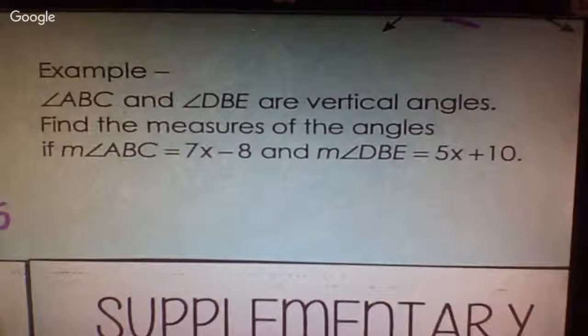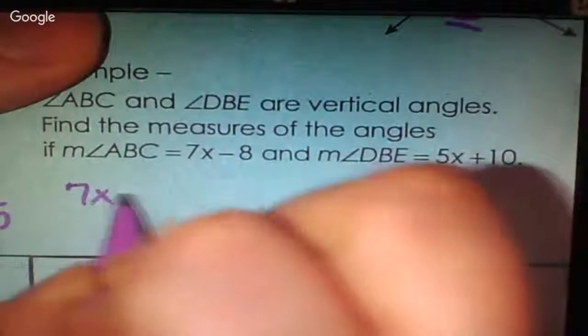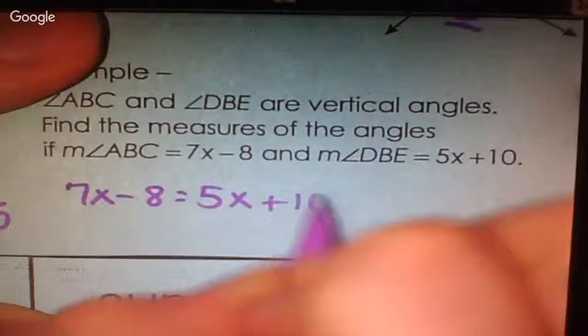So the two angles that they give us are vertical angles. We have said that they are congruent, which means that they are equal. So to solve for x, we set them equal to each other. So we start with 7x minus 8 equals 5x plus 10.